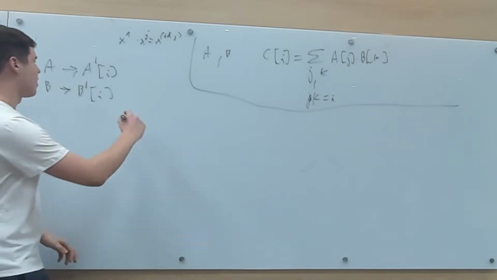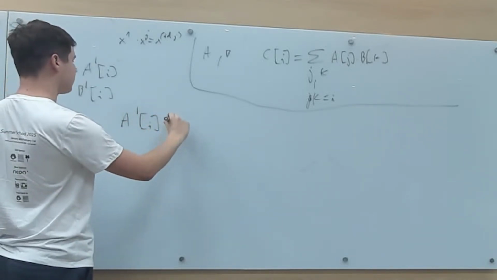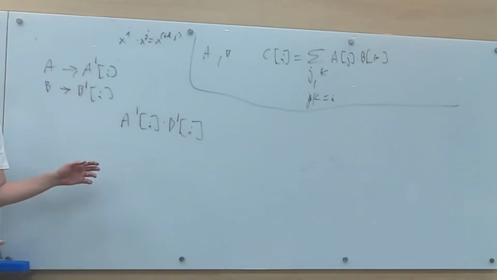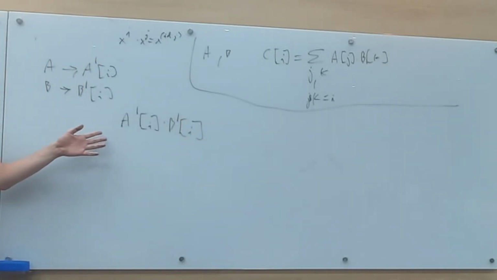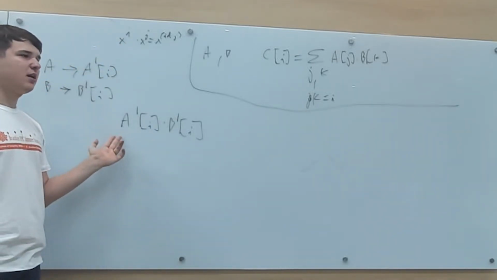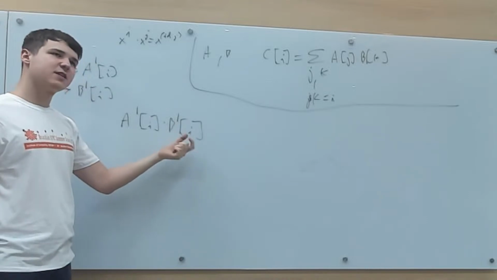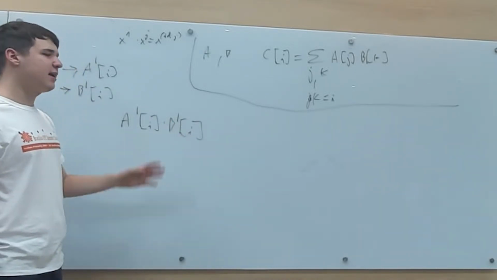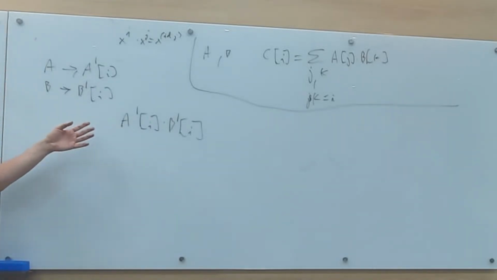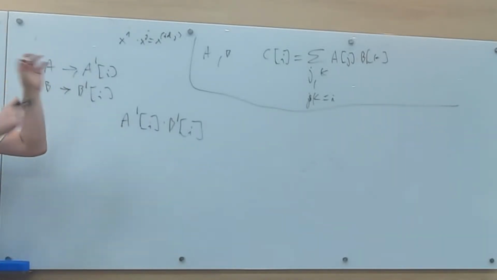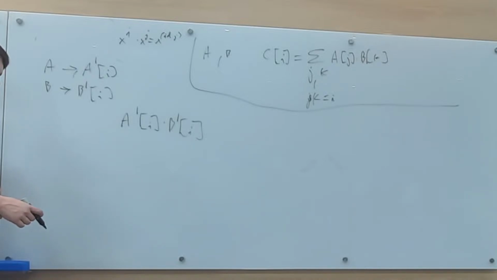So what can we say about A'I times B'I? We are choosing some x such that its exponent is a subset of I in A, and in B we are also choosing some x such that its exponent is a subset of I. So I'm saying that the AND of two numbers which are subsets of I is also a subset of I, right?